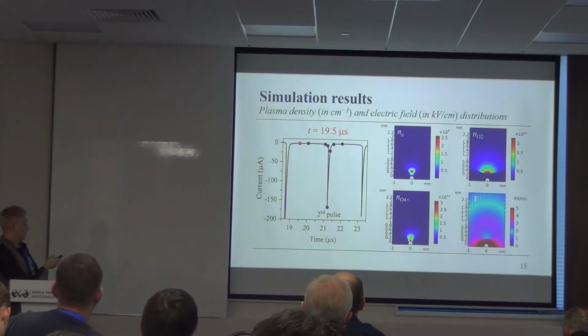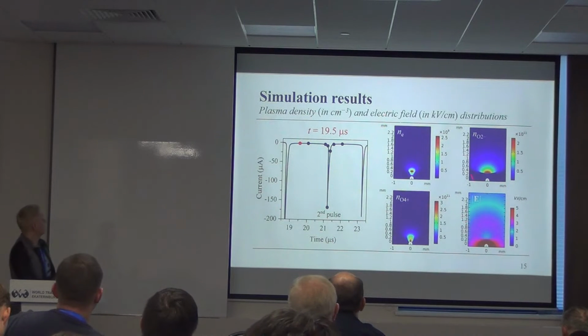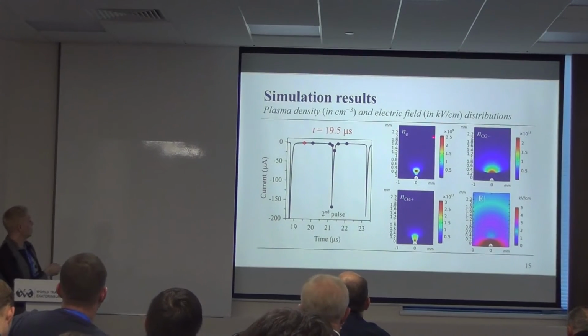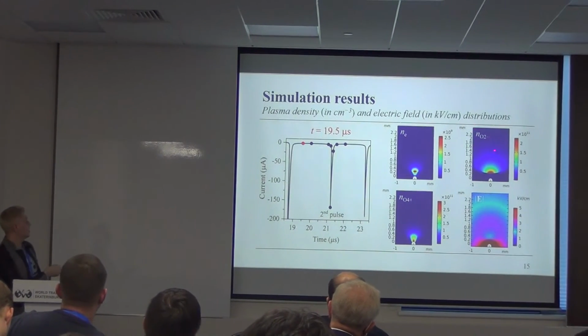And what about the plasma? Now you can see the main plasma components: electrons, negative ions O2 minus and positive ions O4 plus, and electric field strength at different time points during one current pulse.